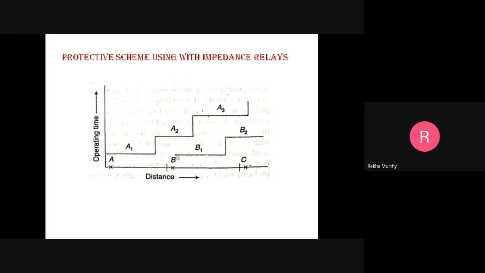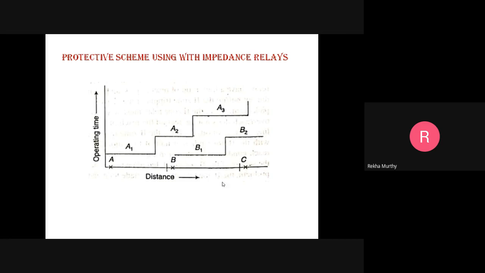It will take into account the second zone of up to 50% of the shortest adjoining line section. The protective zone of the second unit is known as the second zone of protection. The second zone unit operates after a certain time delay, so its operating time is usually 0.2 seconds to 0.5 seconds.